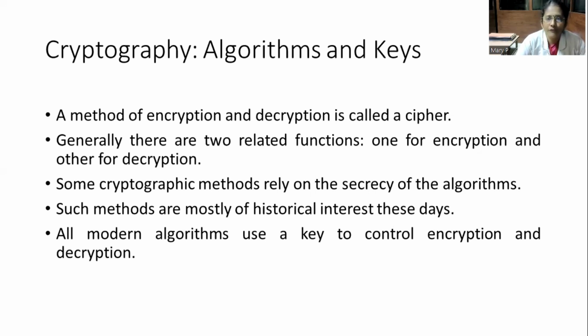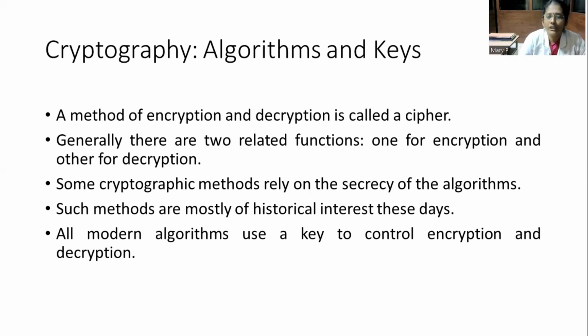Generally, there are two related functions, one for encryption and another for decryption. Some cryptographic methods mainly rely on the secrecy of the algorithm. In such methods, not only the original message or ciphertext is the input. We have another input that is called a key.